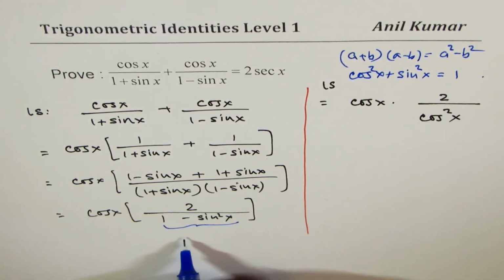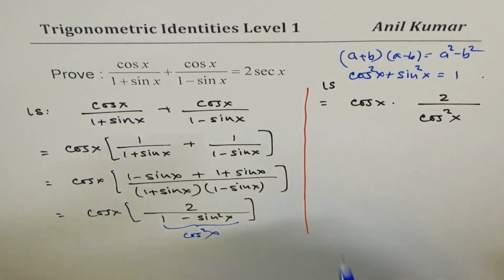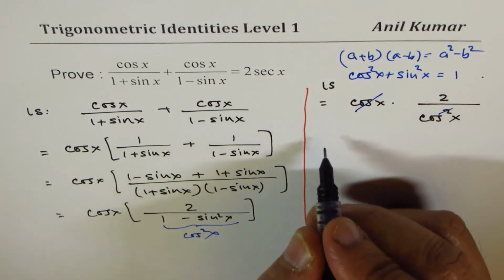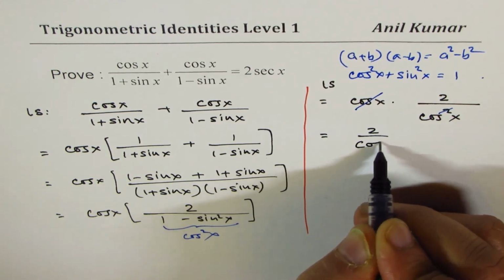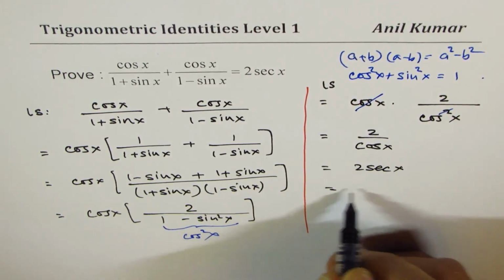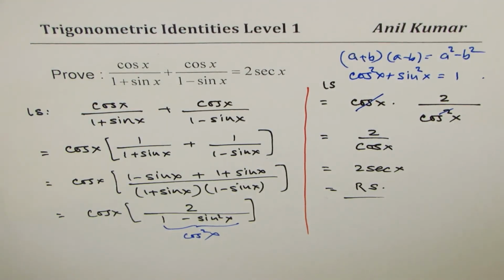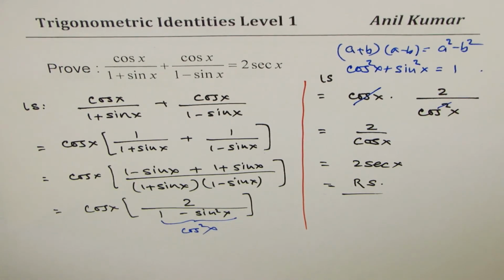So replace this with cos square x. Once you do that, you can simplify by crossing out common factors from numerator and denominator. So you get 2 over cos x, which is 2 secant x, which is the right side, right? So we have again proved left side is equal to right side. In this case, we applied the Pythagorean identity.